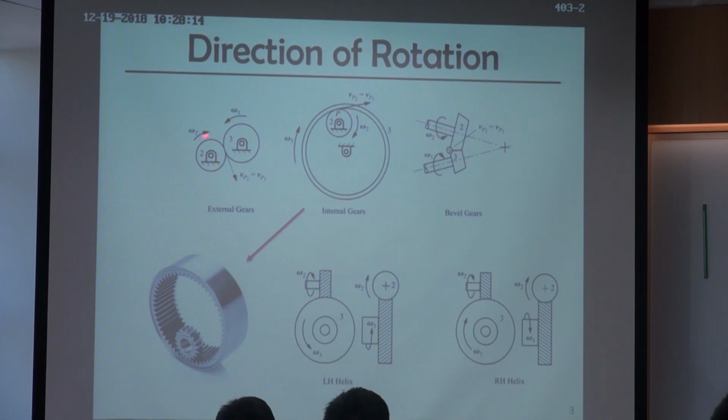For the external gears and internal gears, their axes are all parallel. But sometimes we need the input and output to form a certain angle, so we may choose a bevel gear. There's no difference in the calculation.